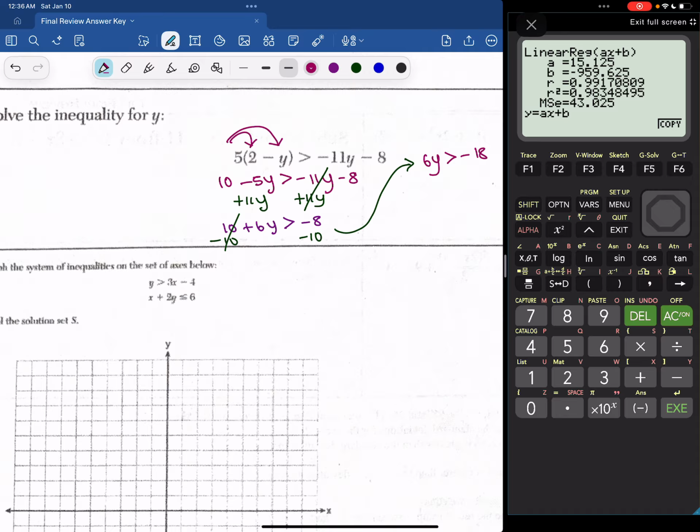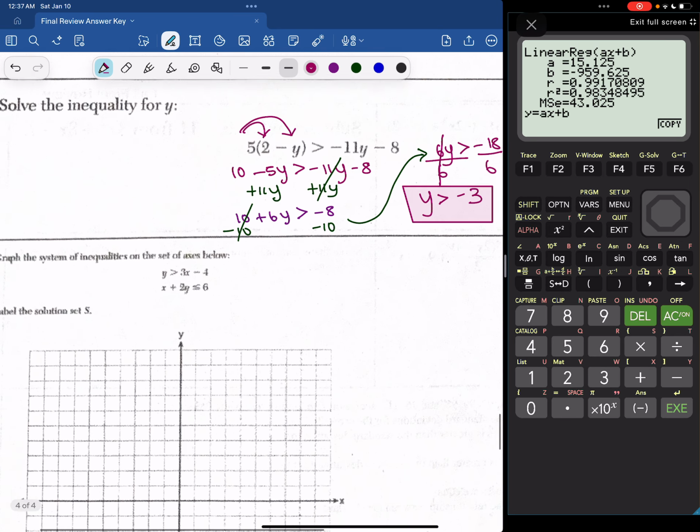Last step here to solve for y is to divide both sides by the number in front of y. So divide both sides by 6. Those will cancel out, and you'll be left with y is greater than -3. And that's it. We solved for y.